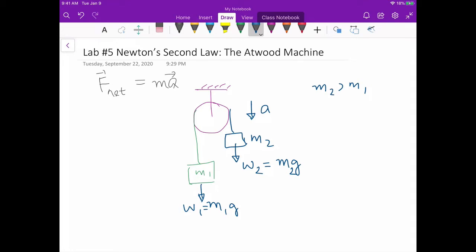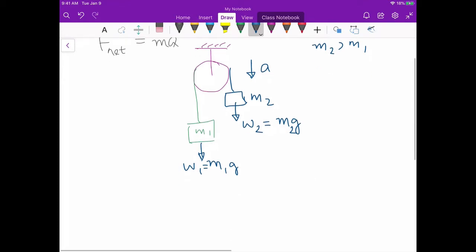Then this whole system is going to experience a net force. Using just the magnitude for now, the net force of the system is going to be mass 2 times gravity minus mass 1 times gravity. Why are we subtracting?